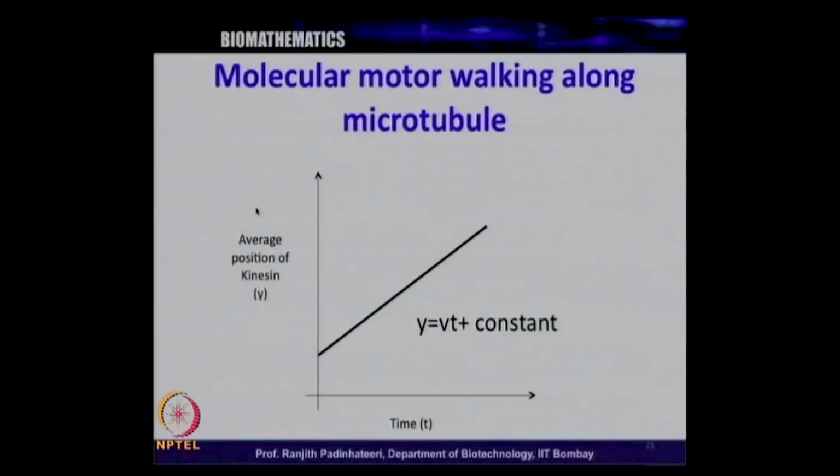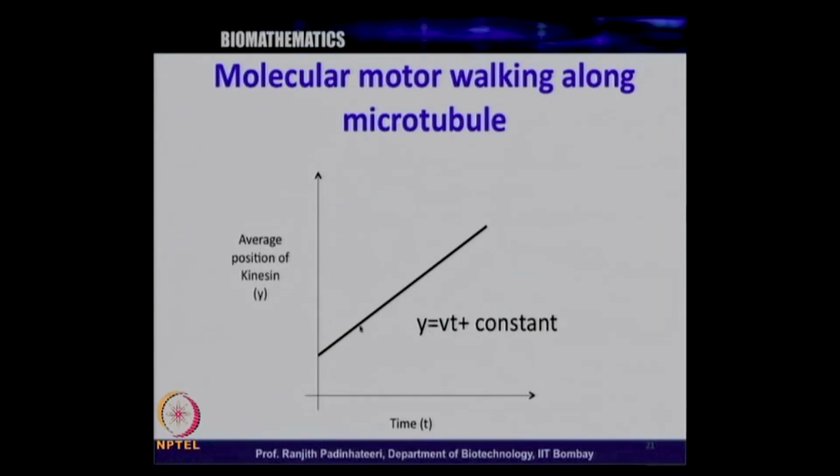Let us look at the next slide, where we already saw the kinesin position versus time. This is like a straight line. So the position y is equal to velocity times time t plus some constant.